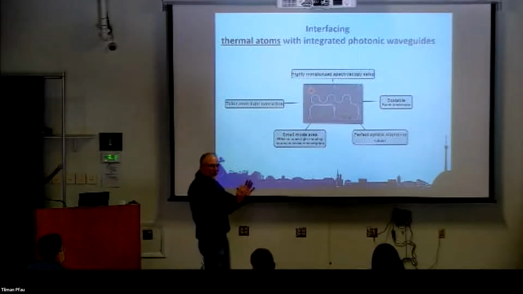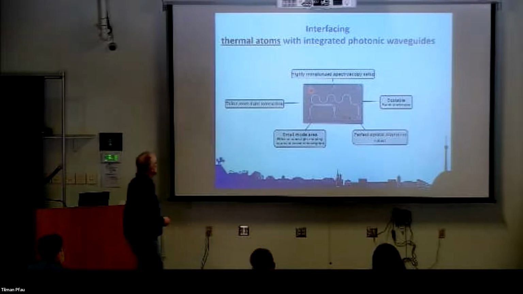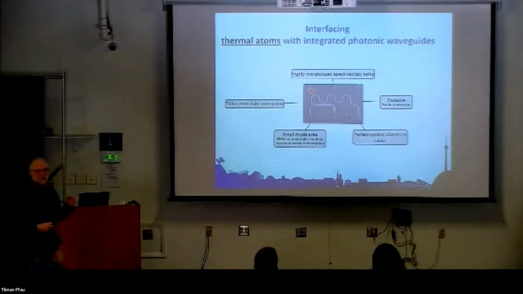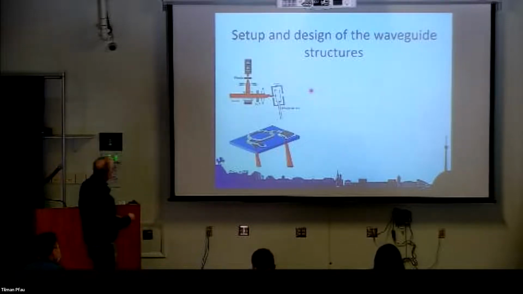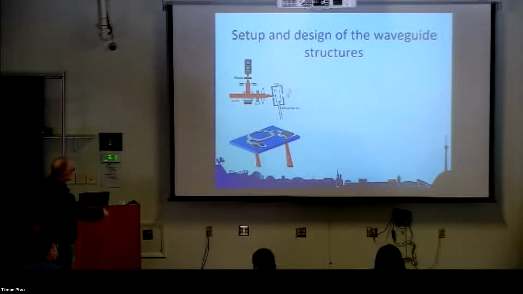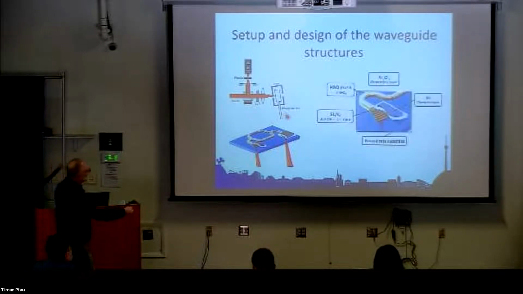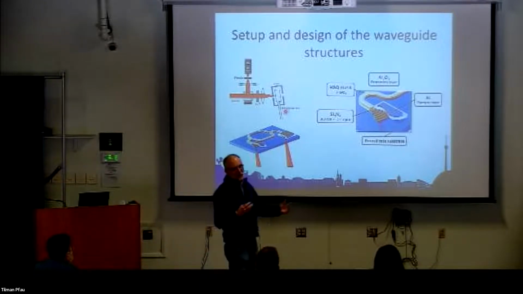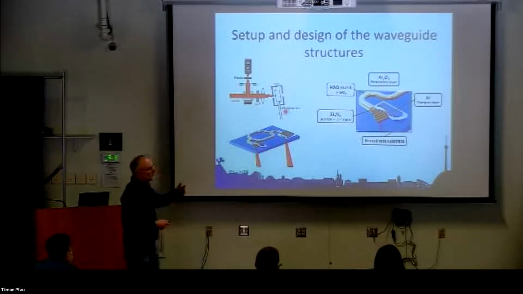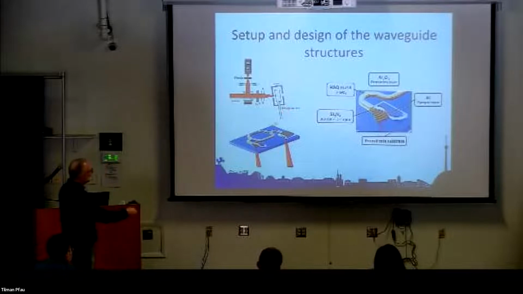Yes, you can tailor your light field, and you can also tailor the spot where the atoms are going to interact. How do we do that? Well, let's look at this thing down here first. Or maybe I should show you the full thing. The technology that we are using is either based on silicon nitride, that is a light guiding medium, or on silicon itself at 1.5 micrometers.